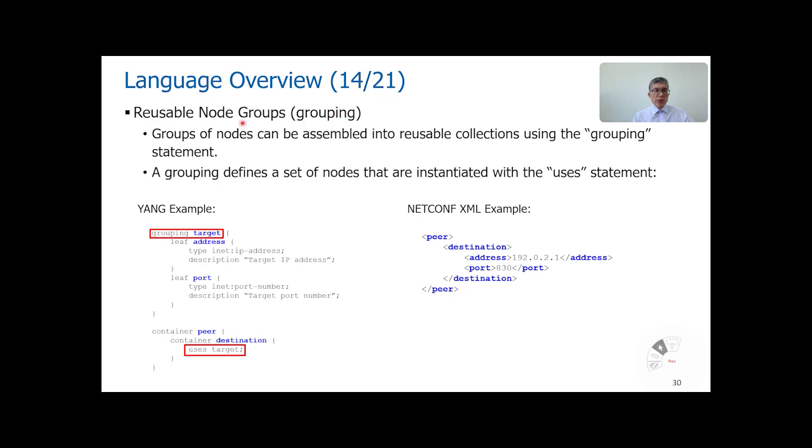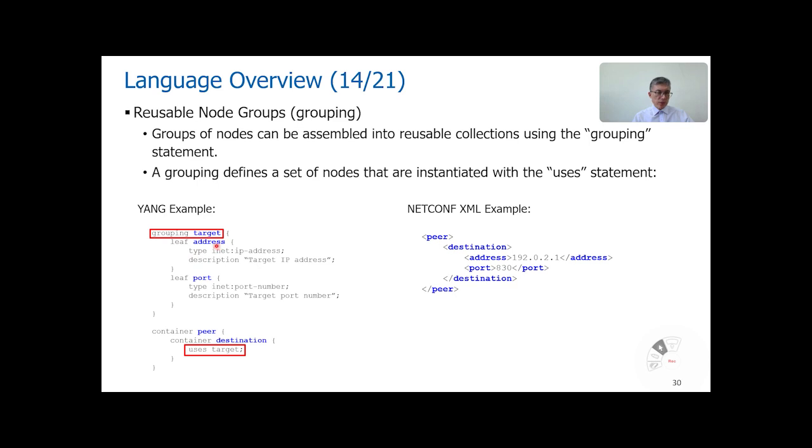So the grouping. Grouping is used to define reusable node groups. This is not an actual instantiation of variables; from a schema point of view, it is just grouping. So we make a group like a target machine, consisting of an IP address and a port number.